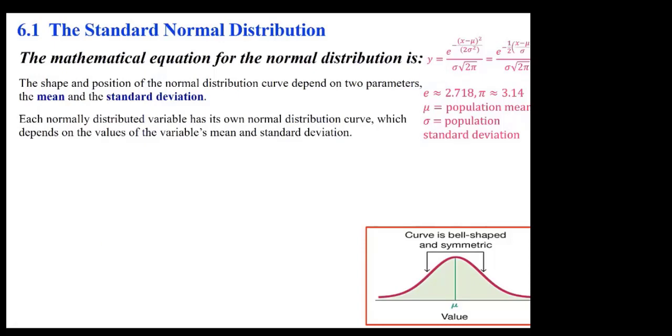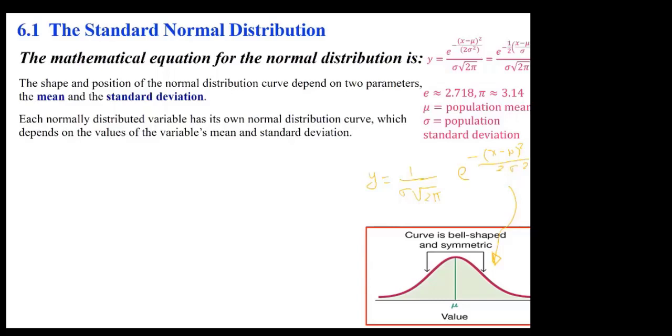Sometimes they write it as y equals 1 over sigma square root of 2 pi e to the power of minus x minus mu squared over 2 sigma squared. This is the equation for this curve, for this function. And for this function, the total area under the curve represents the total probability, and therefore it's equal to 1.